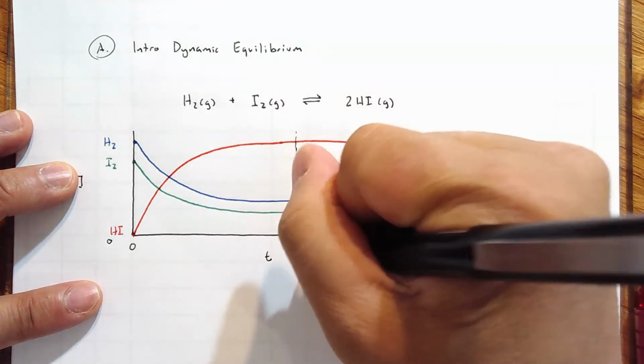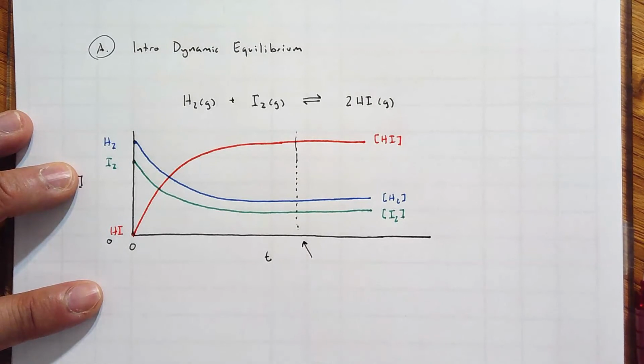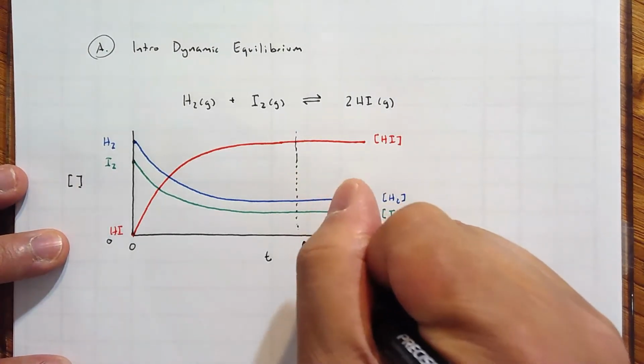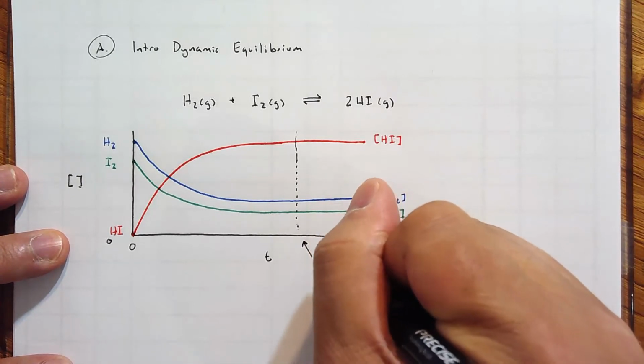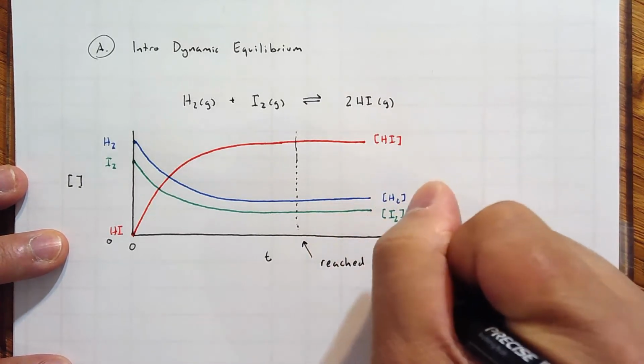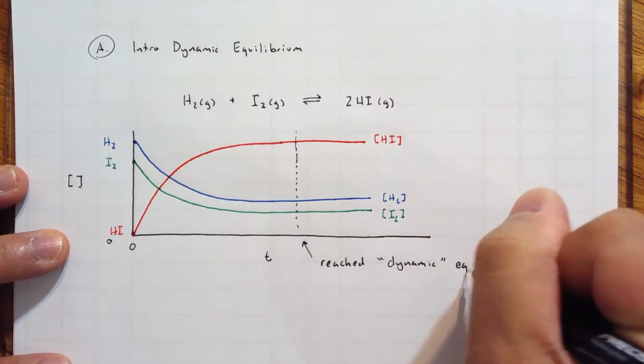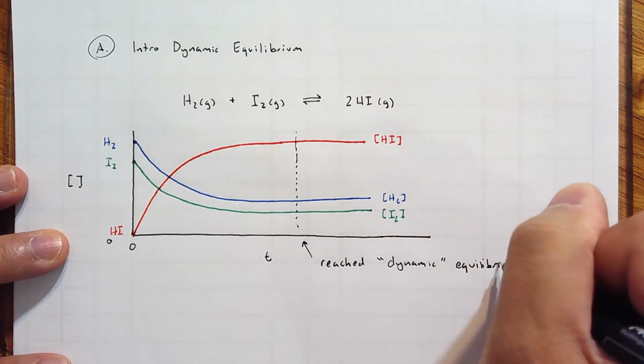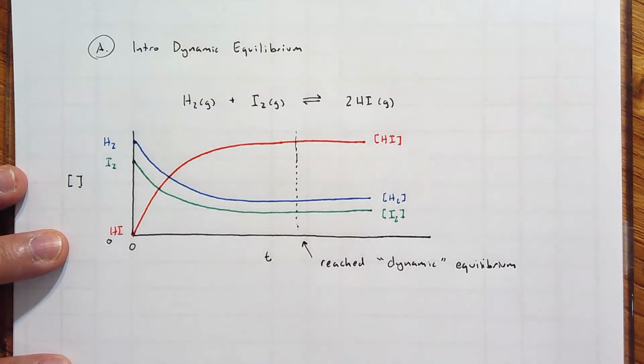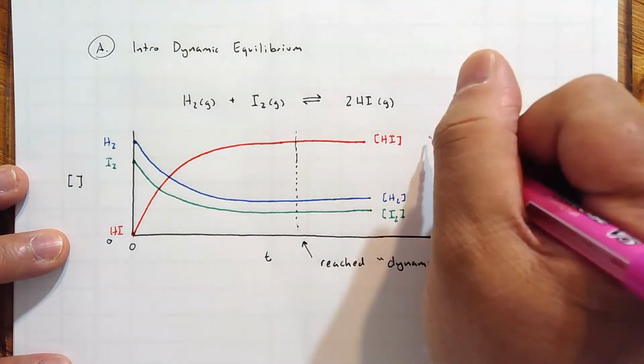At this time, you can say that your reaction has reached dynamic equilibrium, or simply it's reached equilibrium. But we'll use the word dynamic for now. Dynamic equilibrium. What that means is that these concentrations hold steady.